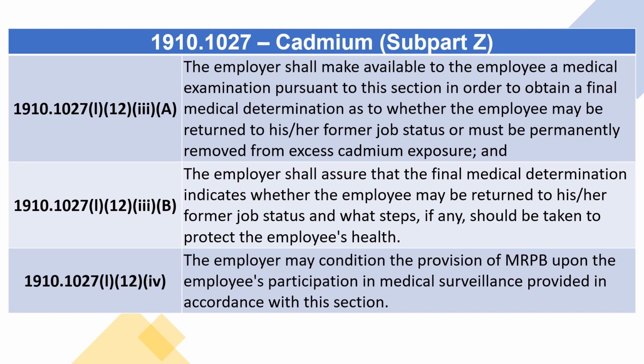And (B) The employer shall assure that the final medical determination indicates whether the employee may be returned to his/her former job status and what steps, if any, should be taken to protect the employee's health. 1910.1027 (l)(12)(iv): The employer may condition the provision of MRPB upon the employee's participation in medical surveillance provided in accordance with this section.